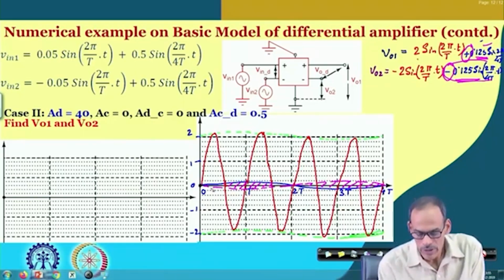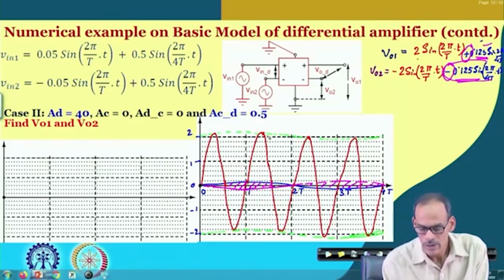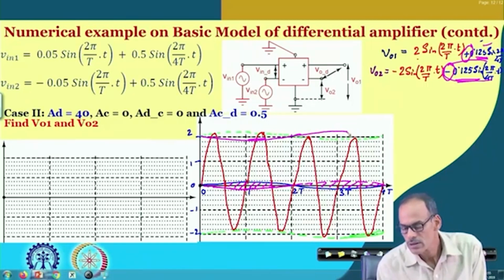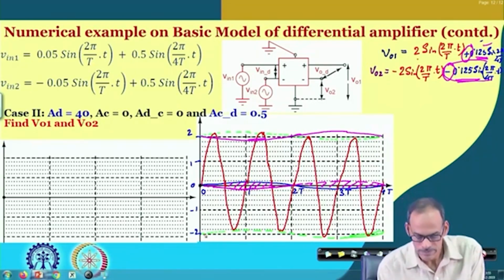Now, if I put an image of this violet color at the peak also, along with this green, we can see here they are in opposite phase.